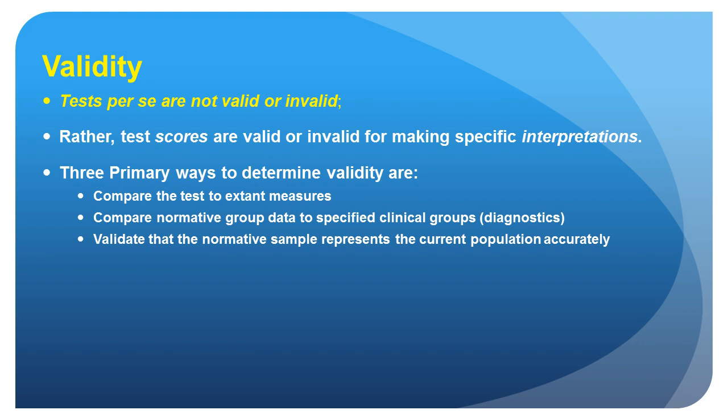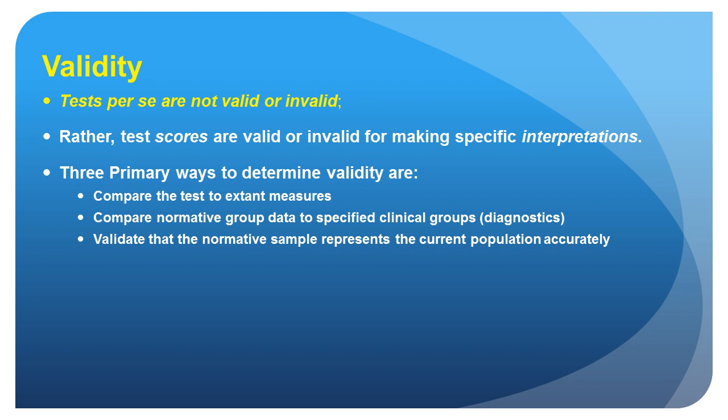Another goal was to maintain validity, because we want to have a test that assesses development and does so in a reliable and valid manner. Now, the test per se is not valid or invalid, but rather the scores and how you interpret the scores make the difference.